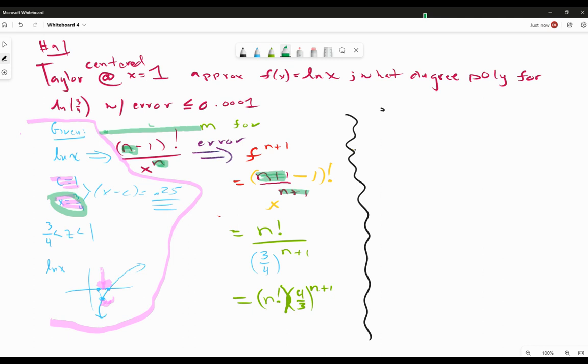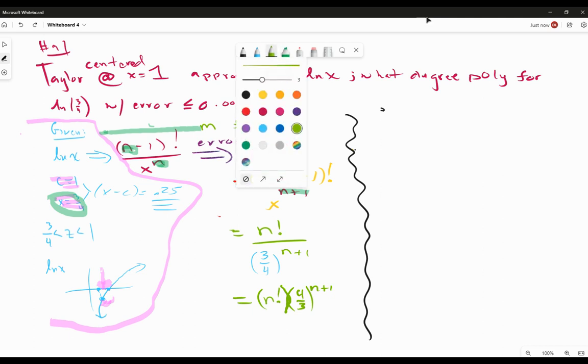Now I just do a little bit of algebra. I don't like this idea, it's hard to put it in the calculator. So I take the n factorial and flip my fraction over and I get 4/3 to the n plus 1. So that is my f of n plus 1 of z.